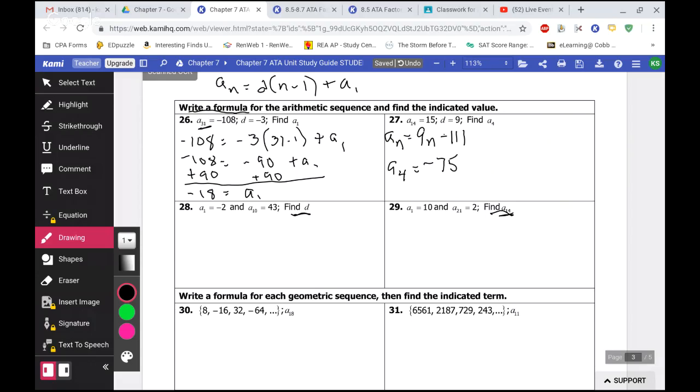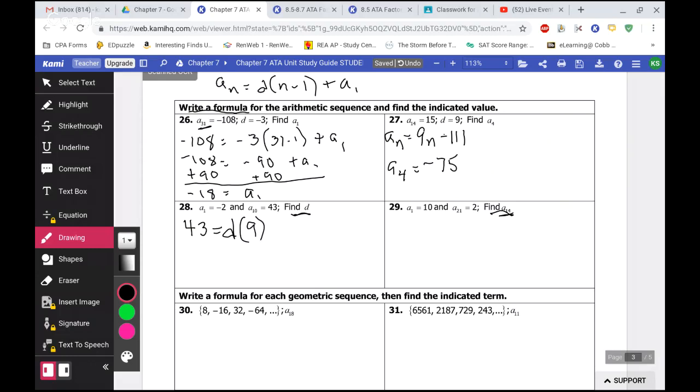Okay, so for this one, once again, we're going to plug in what we know. So we know the value of the 10th term. We don't know the common difference, so we'll plug in the D. And then n minus 1 is going to be 9. Does that make sense to you if I don't?